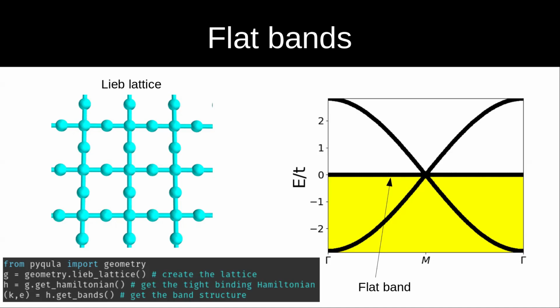So you have, let's say, a parabolic band on the top, parabolic band on the bottom, but apart from that, you have a flat band at 0 energy. You have a band where the energy does not change with the momentum. And this has been a very interesting model to study the effect of interactions in solid state systems.